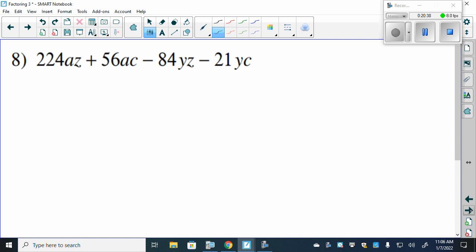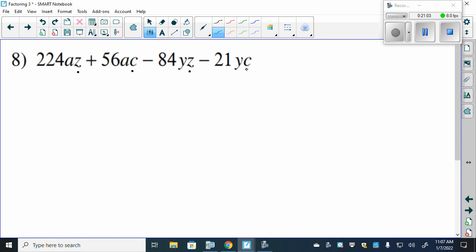So looking just at the variables, the first two both have A, and the second two both have Y. Okay, so those share something in common. We have 224AZ, so we have a Z and a C, Z and a C. So most likely inside both those parentheses, I'll need a Z, C, Z, C, because those would match up across the two.